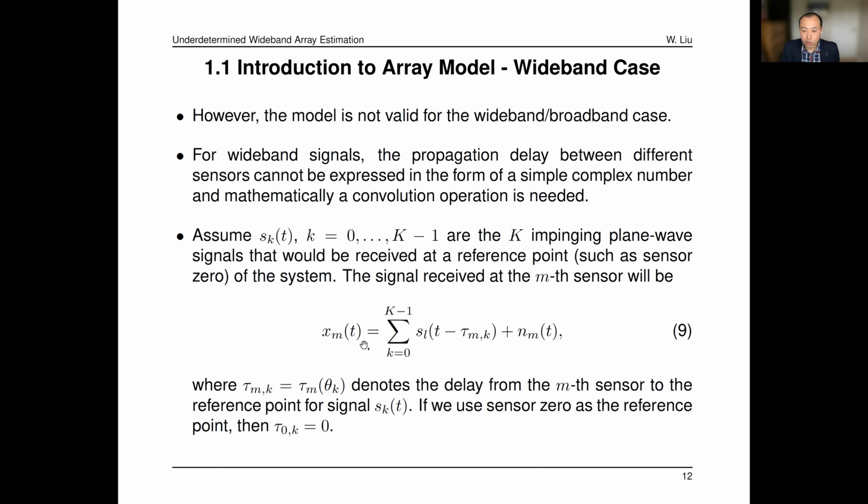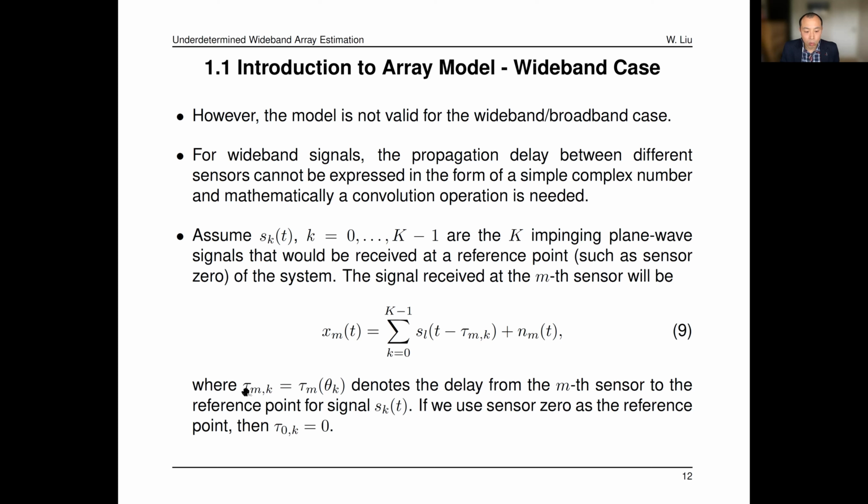And then the signal received at the mth sensor is given by this. So x_m(t) is equal to the summation over K of them of s_k(t minus tau_mk), plus noise.